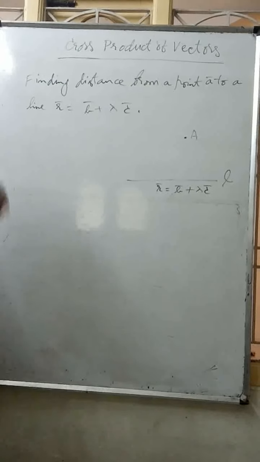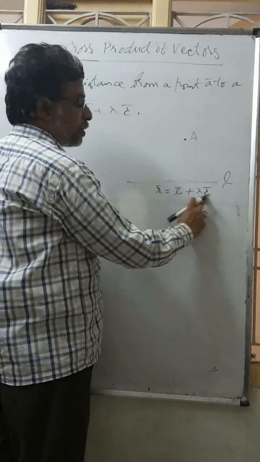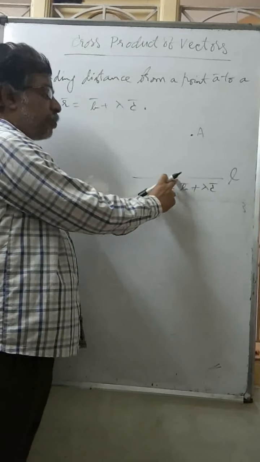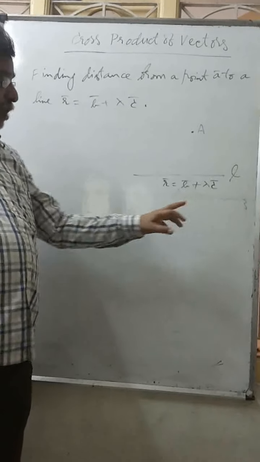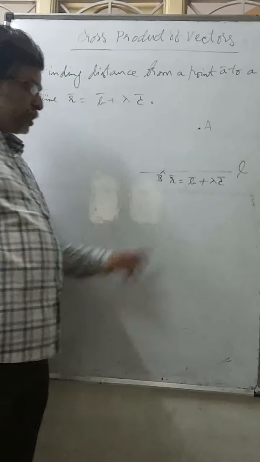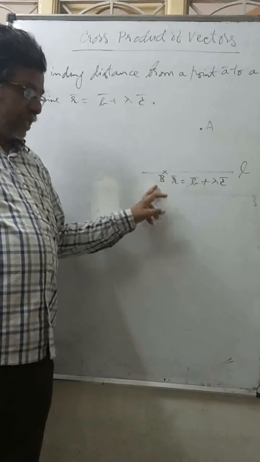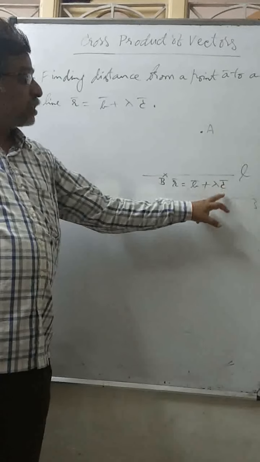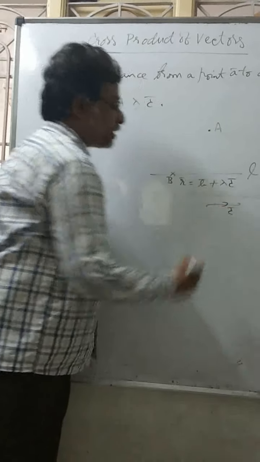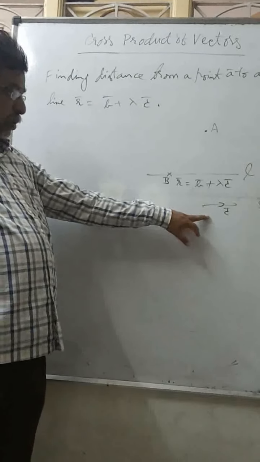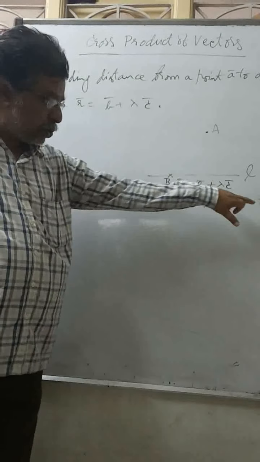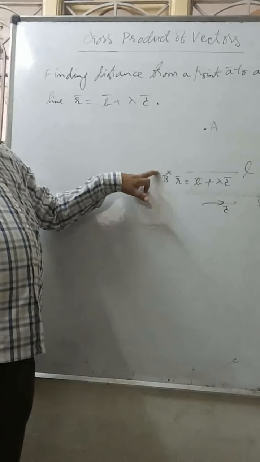Here R bar equal to B bar plus lambda C bar means this is a line passing through B and parallel to C. B is a point on this line whose position vector is small b, and the line is parallel to some C bar. This is the most important basic point we need to remember. So this is a line parallel to a vector C bar passing through some B bar.